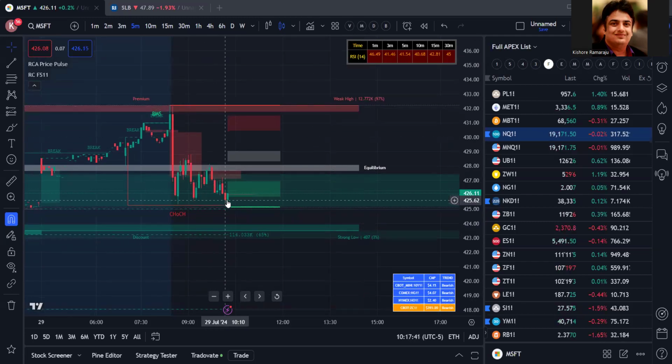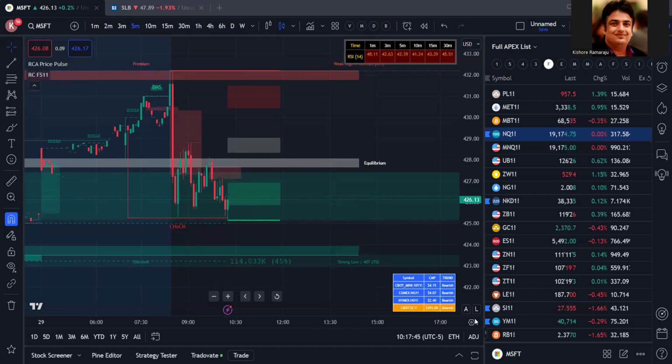So it came all the way to the bottom. Again, it can go to the top by tomorrow. So let's look at Microsoft. If you want to buy stocks, you can buy stocks. For 427.5 and 422.5.